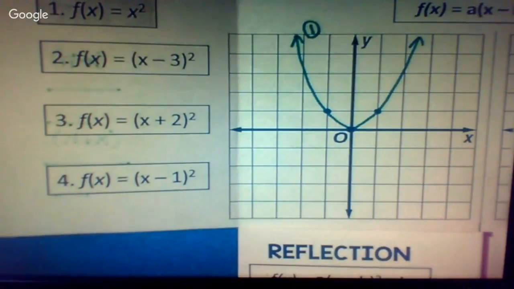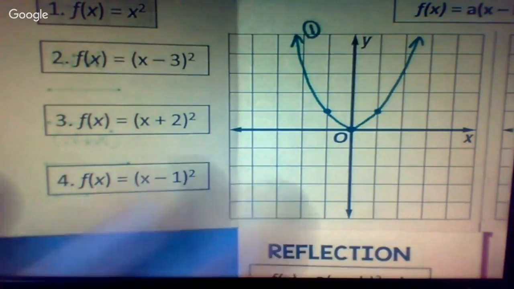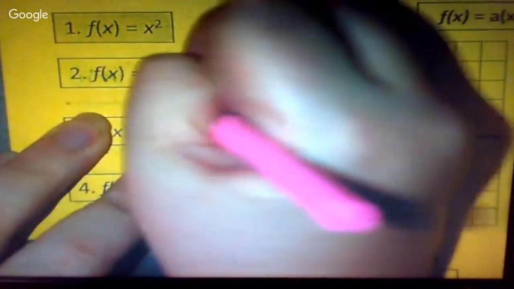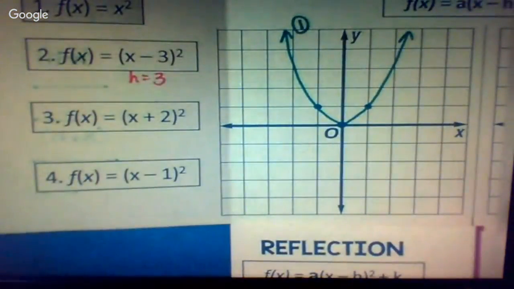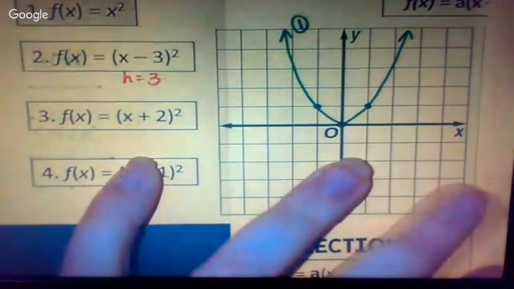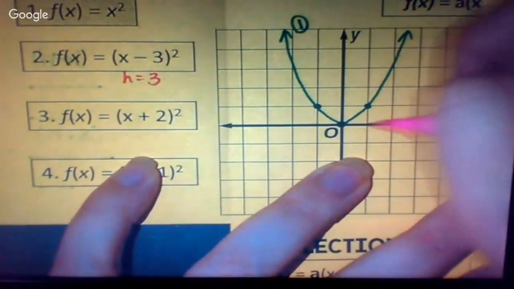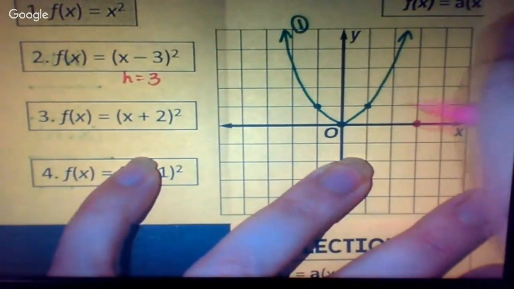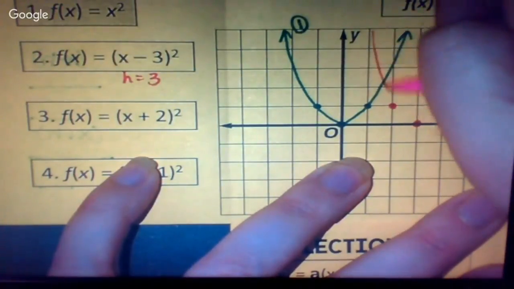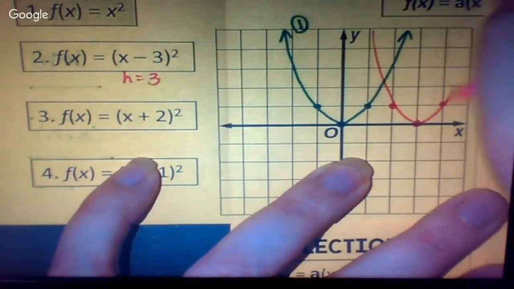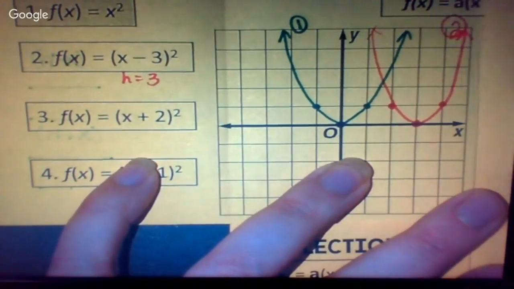If I have x minus 3, that means my h value is positive 3. So that means my graph moves 3 to the right. So all that happens here is each one of these dots moves 3 spaces to the right. So graph number 2 should look like this.